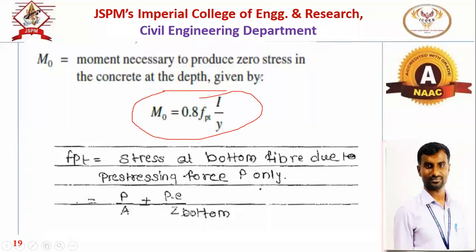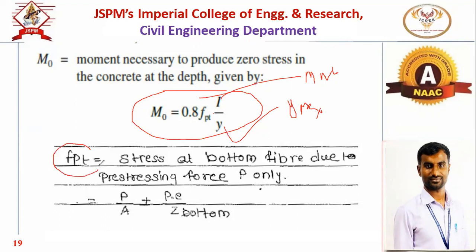So we have to produce the moment, or locate the tendon, such that it will produce zero stress, and that will be 0.8 FPT into I by Y, where I is the moment of inertia and Y is the centroid, maximum centroid, or we can say Y max.